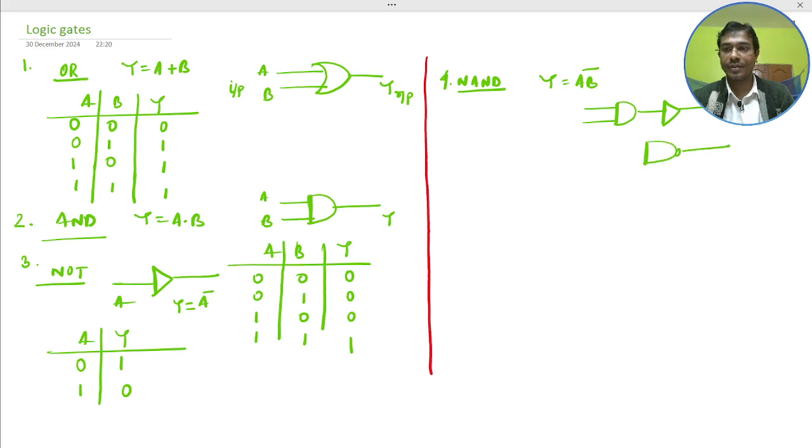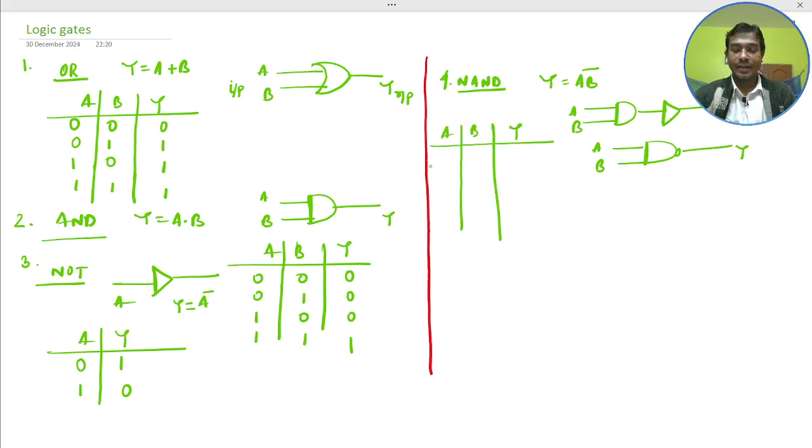This is the NAND. Here are the inputs A and B and the output Y. In the truth table, the NAND operation gives 0 0 1, 0 1 1, 1 0 1, 1 1 0. This is the NAND operation.